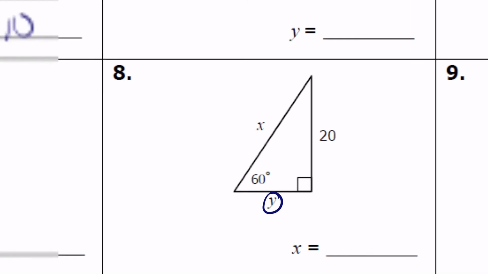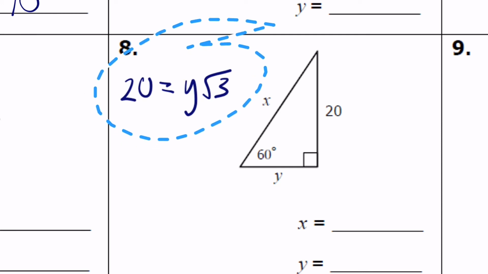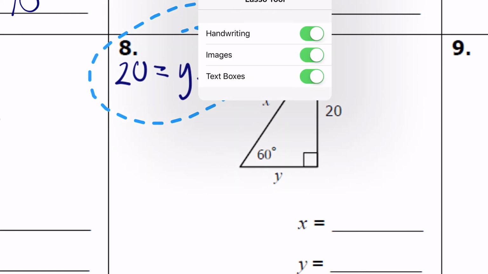So in order to find what that value is, my longer leg, which is 20, is equal to y times the square root of 3. Because y is representing my shorter leg this time. And my longer leg is equal to my shorter leg times the square root of 3. So again, now I use my algebra and I find what y is.